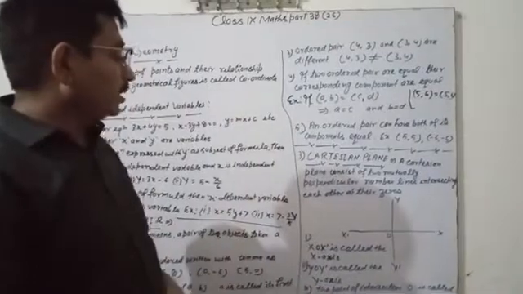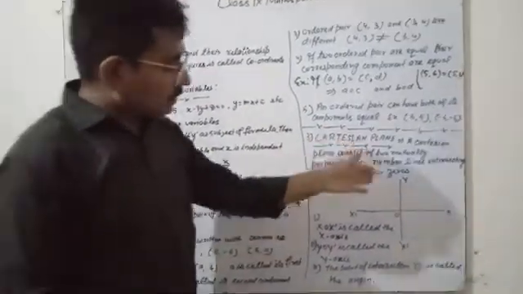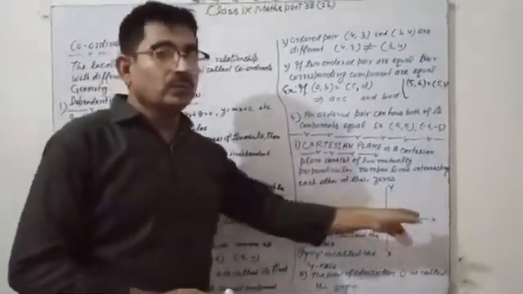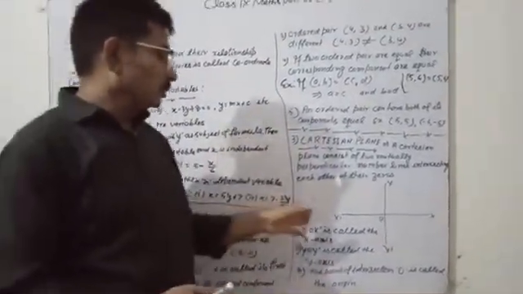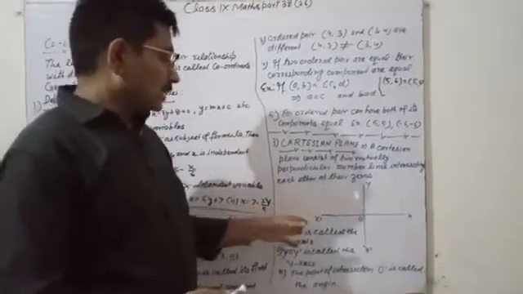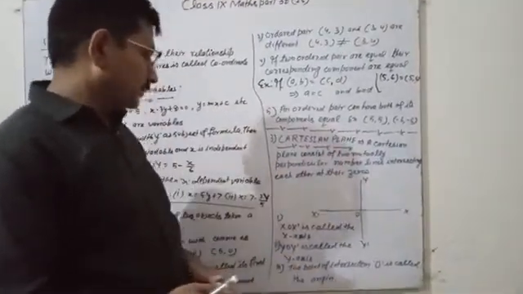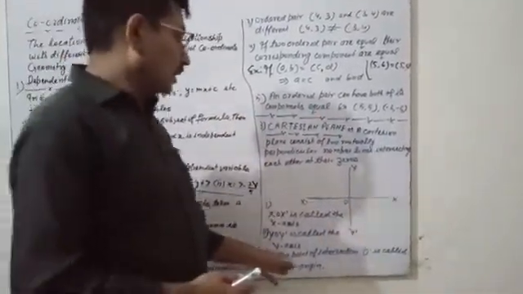The point of intersection of these two lines, the x axis and y axis, O, is called the origin.